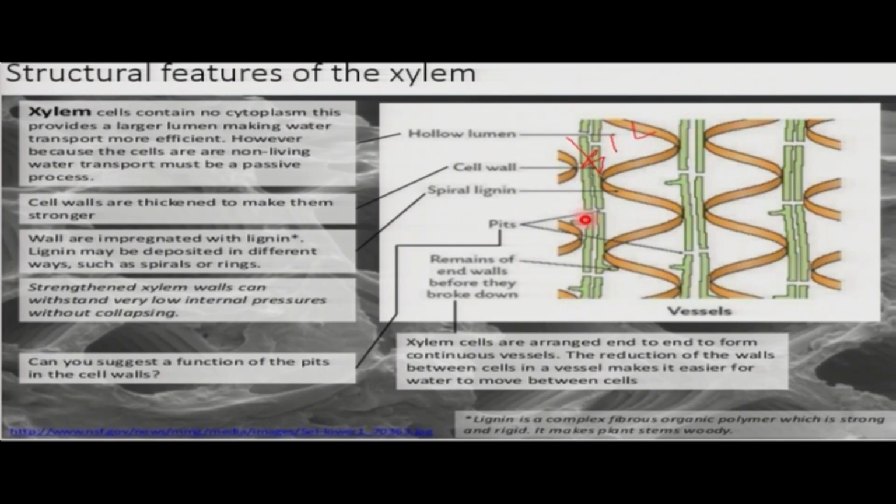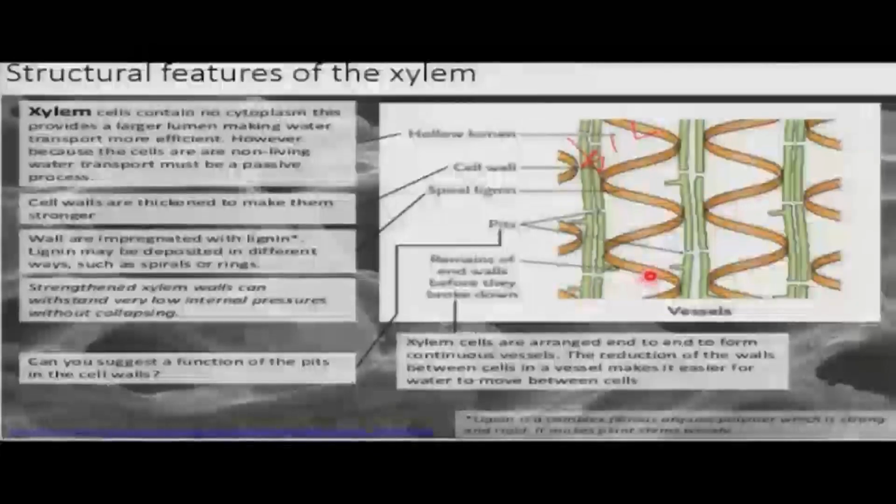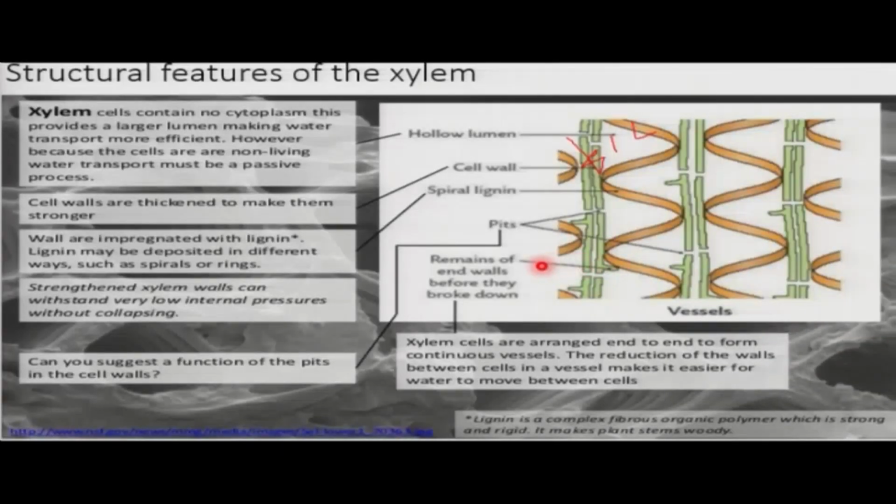What else do we have? The remains of end walls before they broke down. I love the language. So they were there before. Remains of end walls, meaning that from here to here was a cell connecting to another one down.